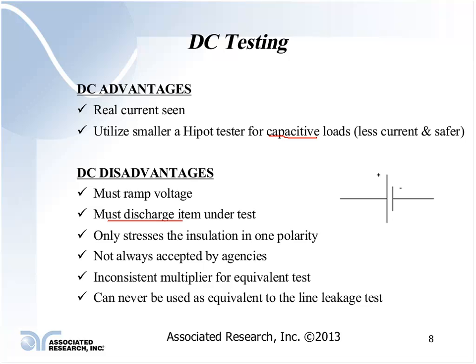DC is not always accepted by all testing agencies. So again, check with your testing agency to see if you can do a DC test in place of an AC or vice versa.